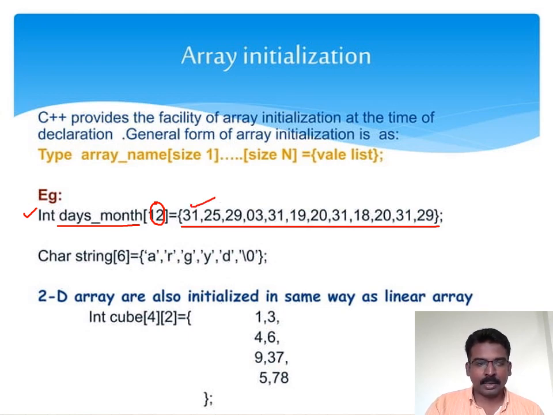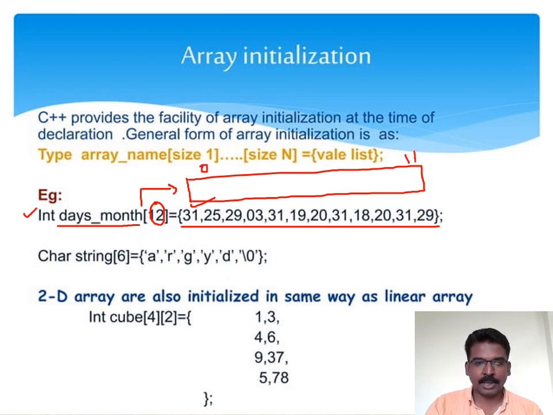The representation will be in this pattern: an array will be created from 0 to 11, which is nothing but the indexing 0 to 11. This 31 will be stored here, followed by 25. Similarly, all the elements will be stored, and the last element will be 29. So this is one way of creating an array and assigning elements to it.